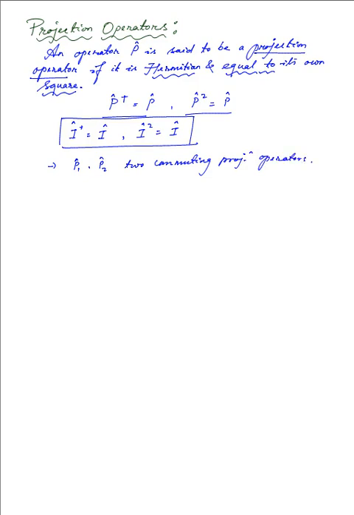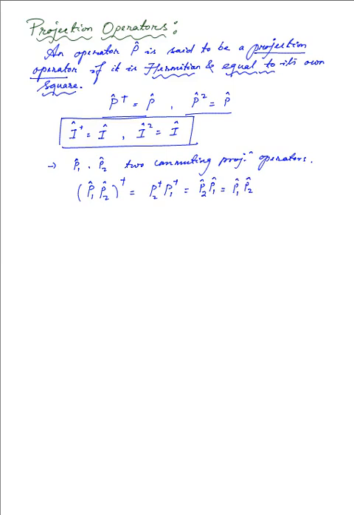If we go on to see the product, then we have P1 P2, and we take the adjoint of it. Because in case of taking the adjoint of the product, we change the order while we open the brackets, we have (P1 P2) adjoint become P2 adjoint P1 adjoint, and then we have the adjoints equal to themselves, that is P2 P1, and that is nothing but equal to P1 P2, because they are commuting.